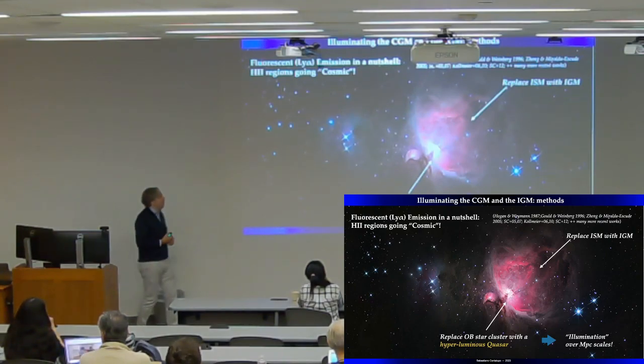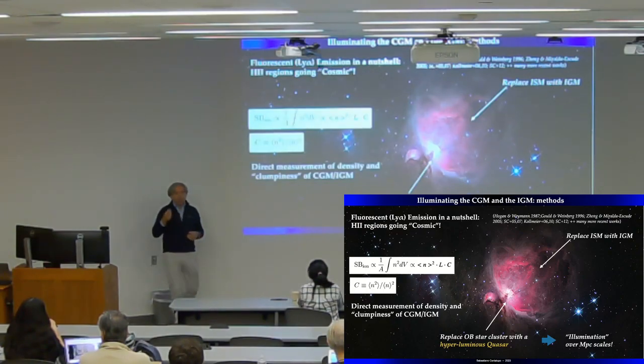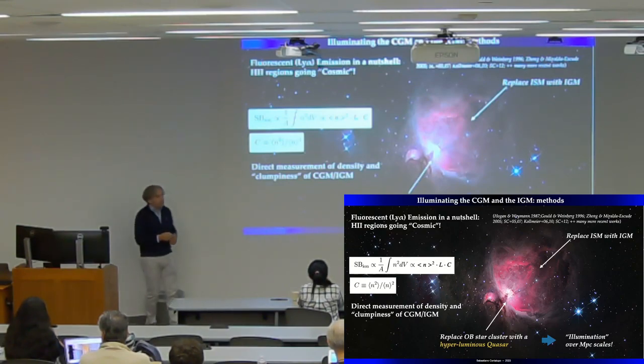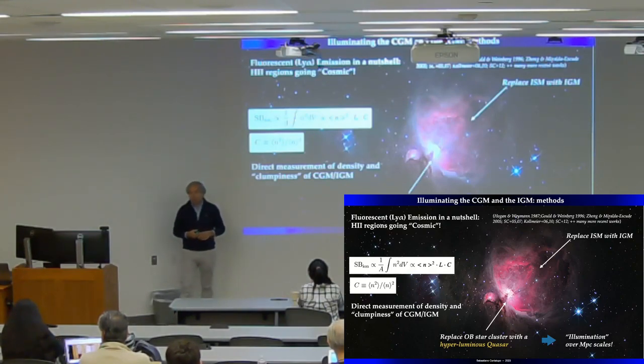Of course, little stars will not be enough. What we will need are hyperluminous quasars. And as I'm going to show you today, by looking around hyperluminous quasars, we can illuminate the IGM over megaparsec scales. This is sometimes referred to as fluorescent Lyman-alpha emission.